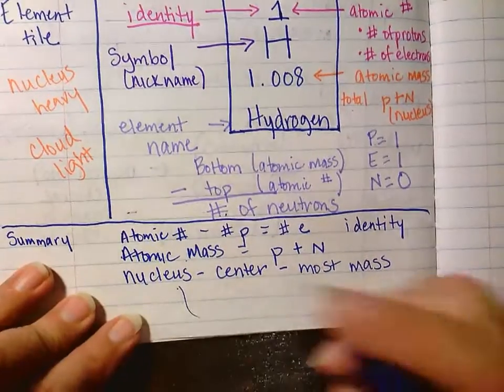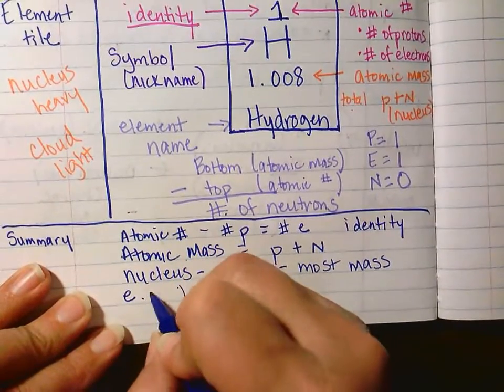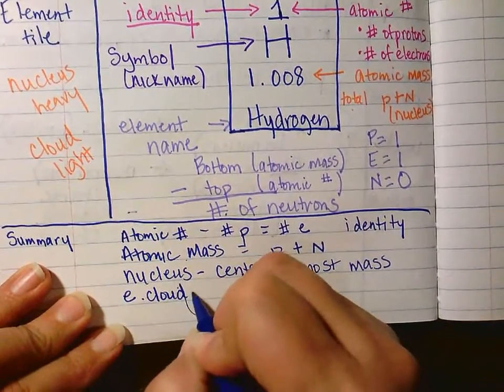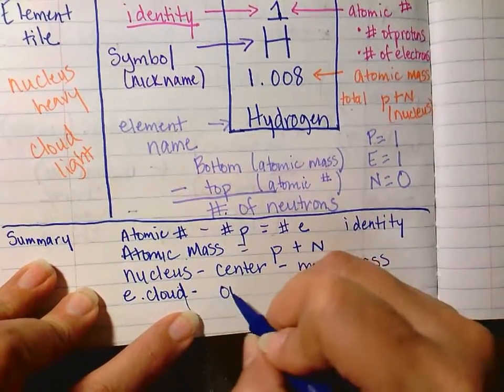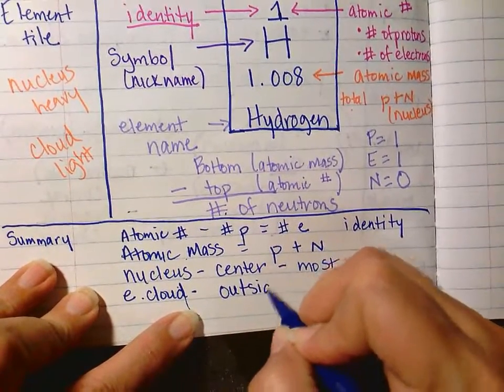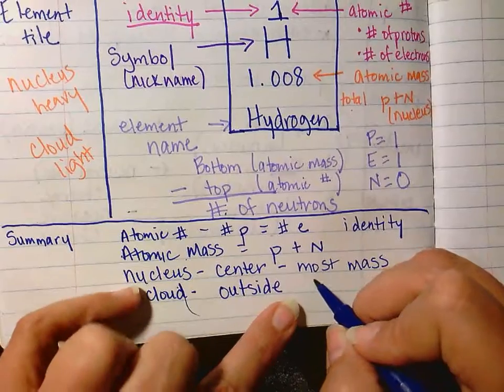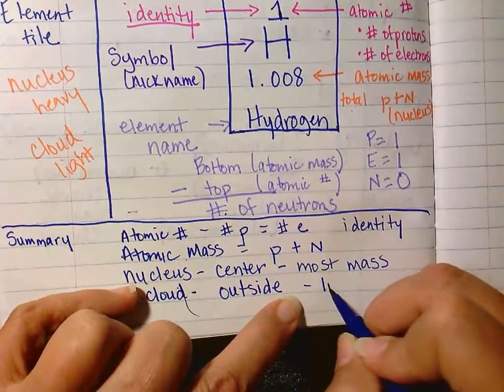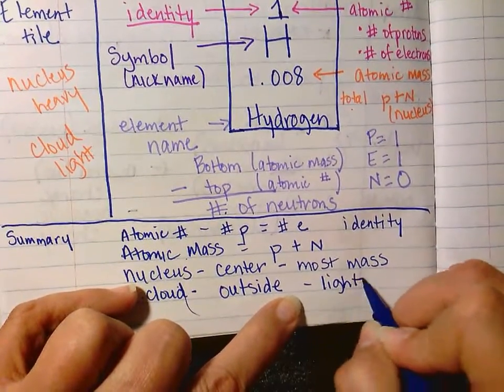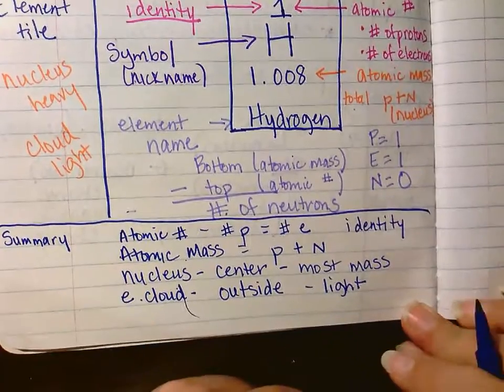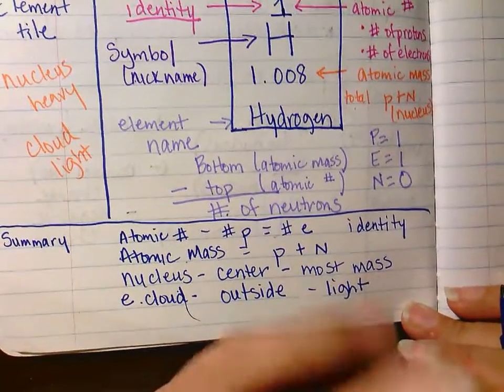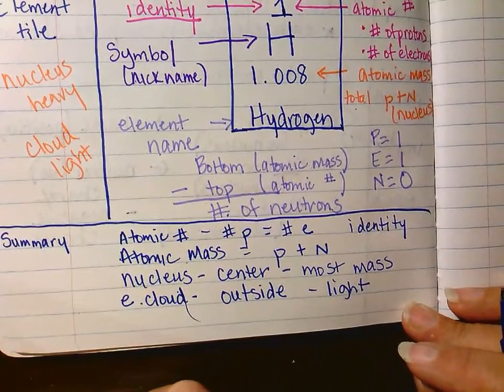Okay. We know that the electron cloud is the outside, and it is very light. Okay? So those would be some of the most important things that we learned from this video.